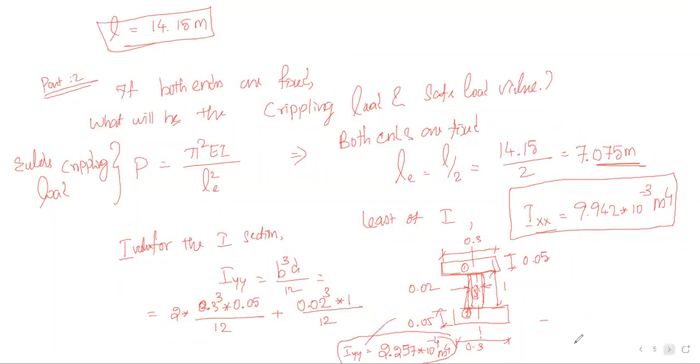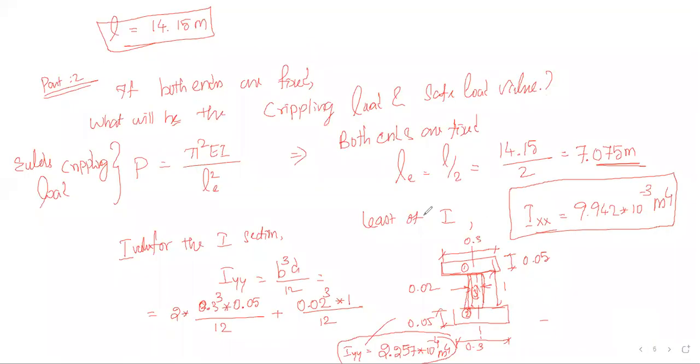Okay. So PE is equal to pi squared EI, 210 into 10 to the power 6 into I value 2.257 into 10 to the power minus 4 divided by Le squared, so 7.075 squared.